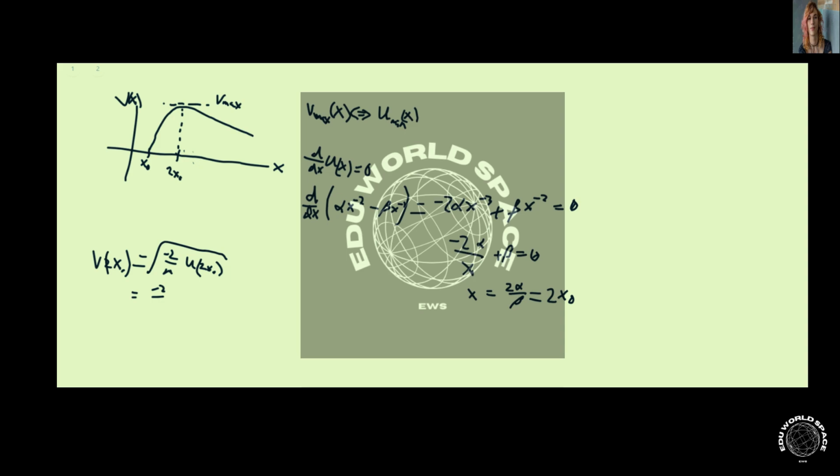So -2 over m. The constant out front was alpha over x naught squared, and then we get a quantity in brackets that was -1 over 4, and it's going to be equal to alpha over 2m x naught squared under the radical. Okay, so that's what that value is.